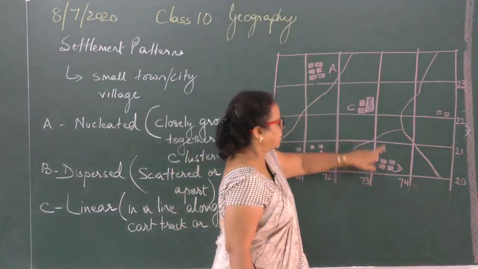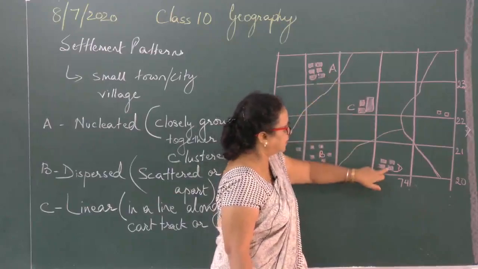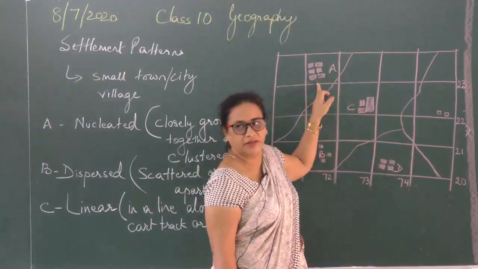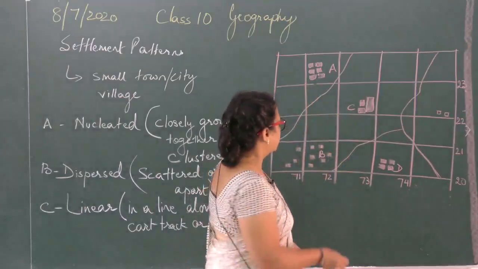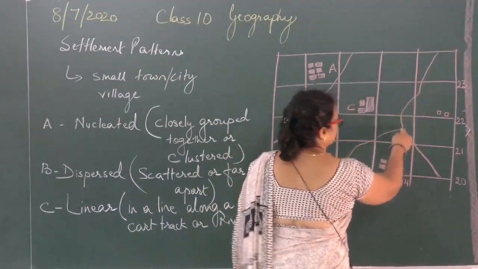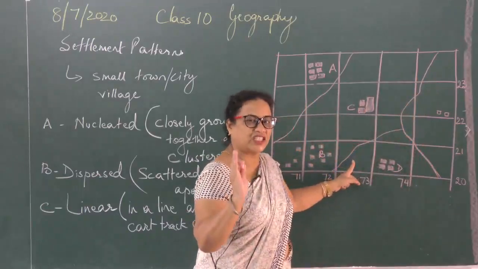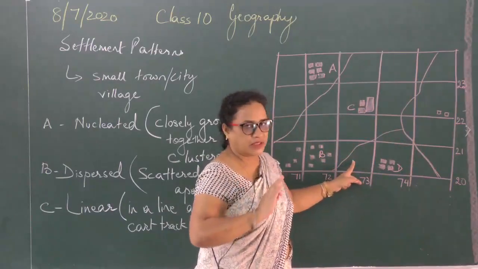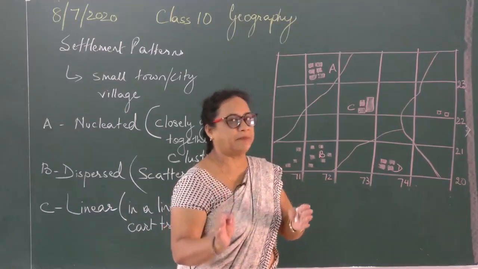C and D I am not doing because C is similar to A, that is also nucleated. D is also similar to A, that is also nucleated. Linear settlement you will get like along these red lines. These red lines are a type of road, but a very kacha road. Clear? It's not at all constructed. Simply people have been using it and it's become a pathway.